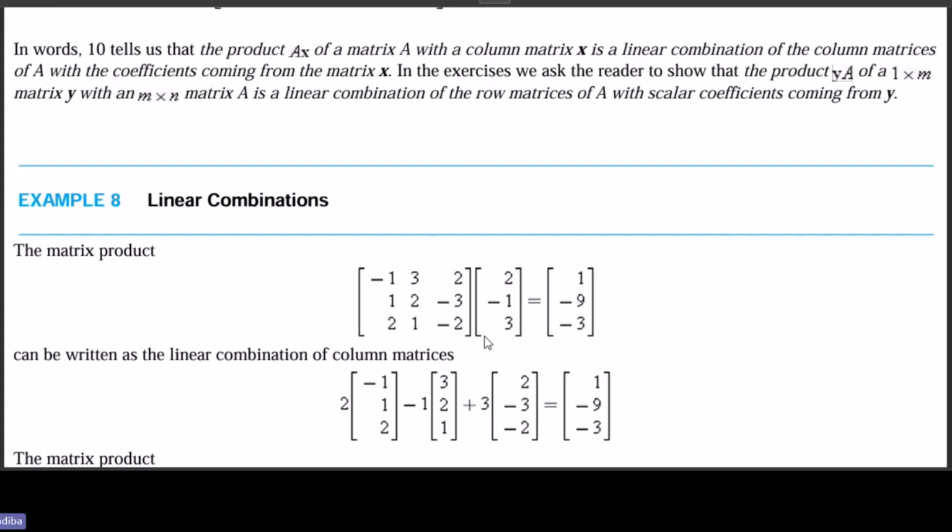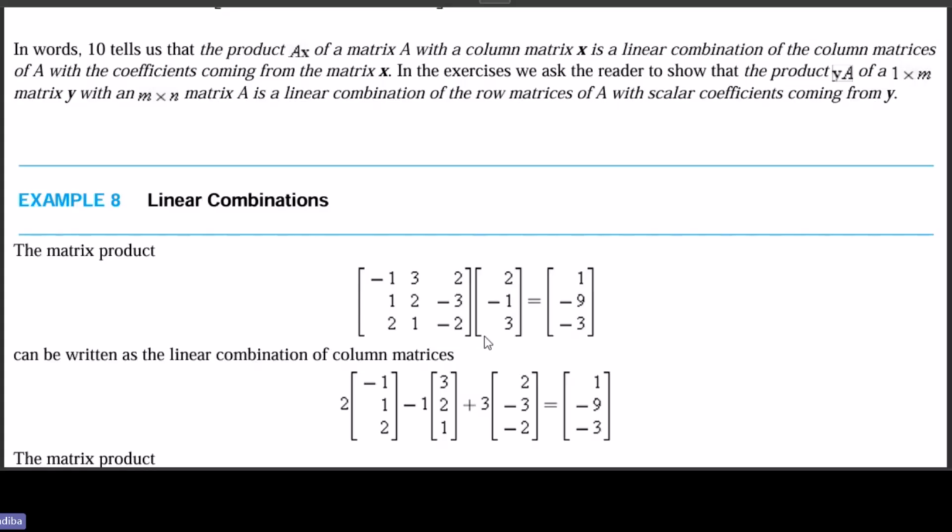This 3 by 3 matrix is multiplied by a 3 by 1 matrix. For us to multiply these two matrices, the first matrix must have a number of columns equal to the number of rows in the next matrix.